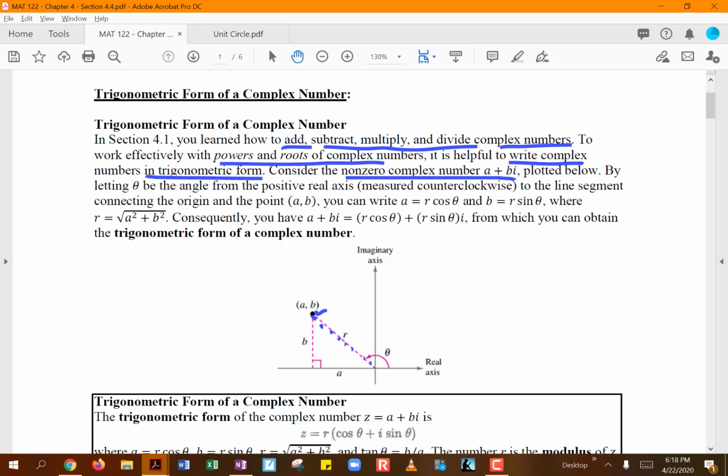If you remember in terms of just trigonometric angles, this is starting at the initial side and going counterclockwise. You will go to that line segment, and that's going to be your angle theta over here, okay?